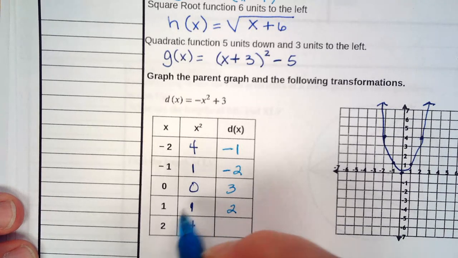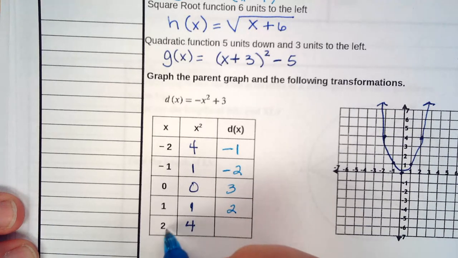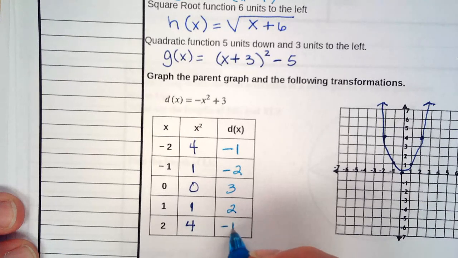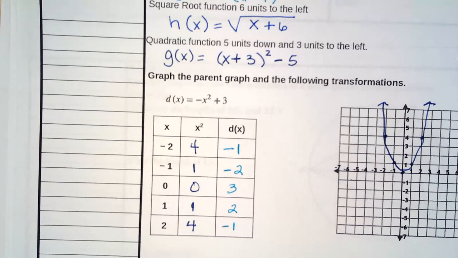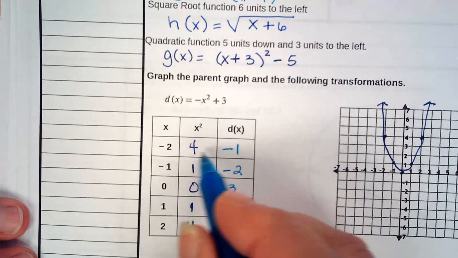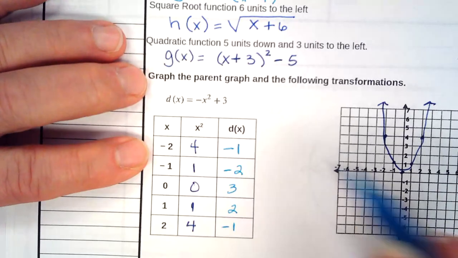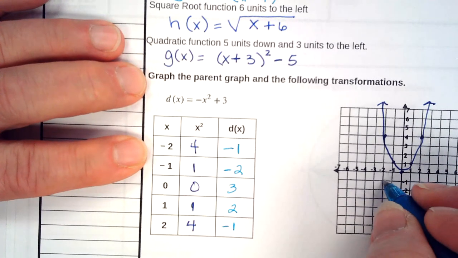The opposite of positive 4 is negative 4, plus 3 is negative 1. So this one will be negative 2, negative 1.